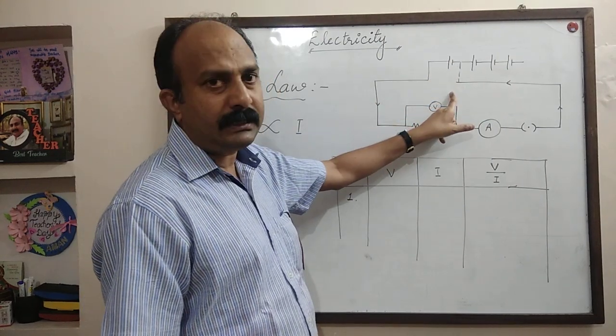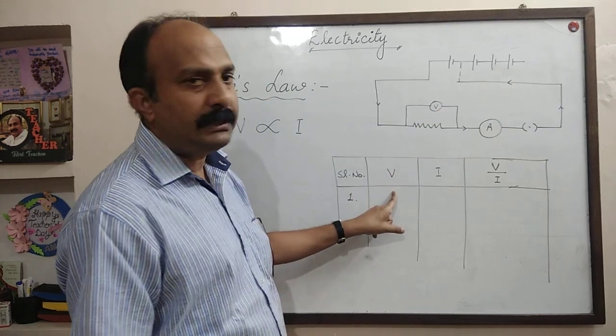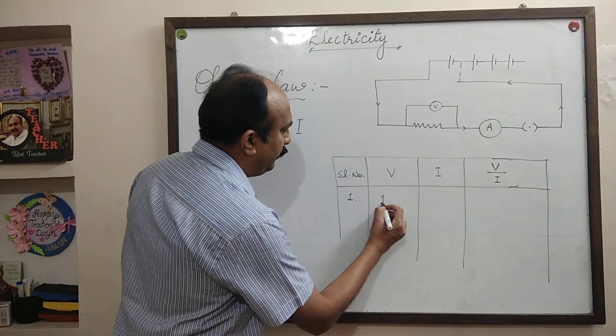When that one cell is connected to this circuit, potential difference V will be 1.5 volt.